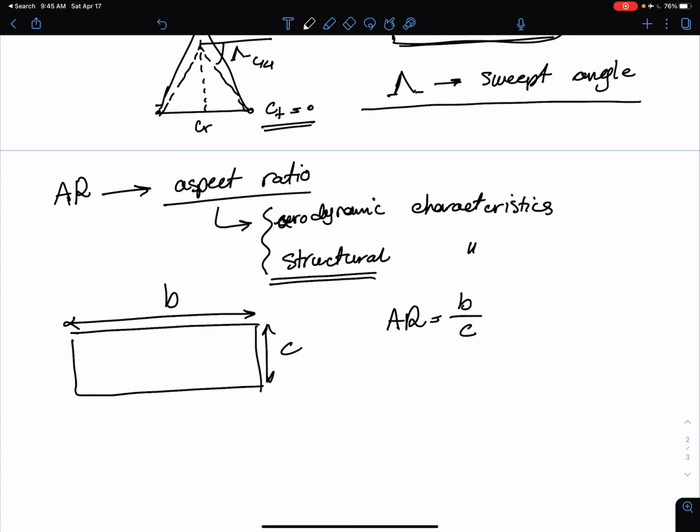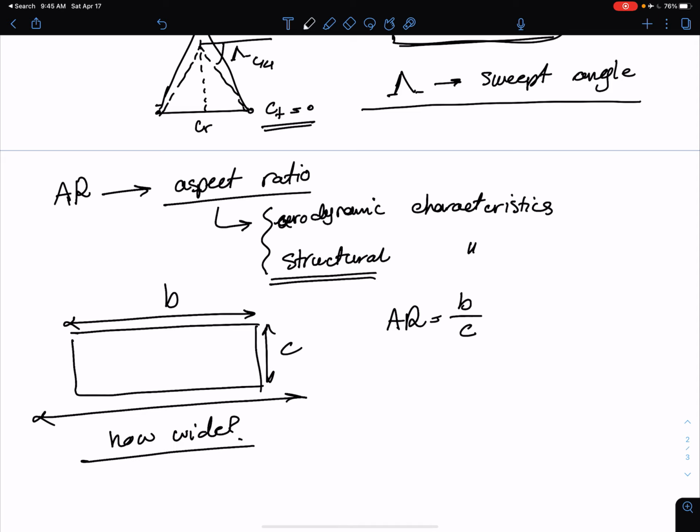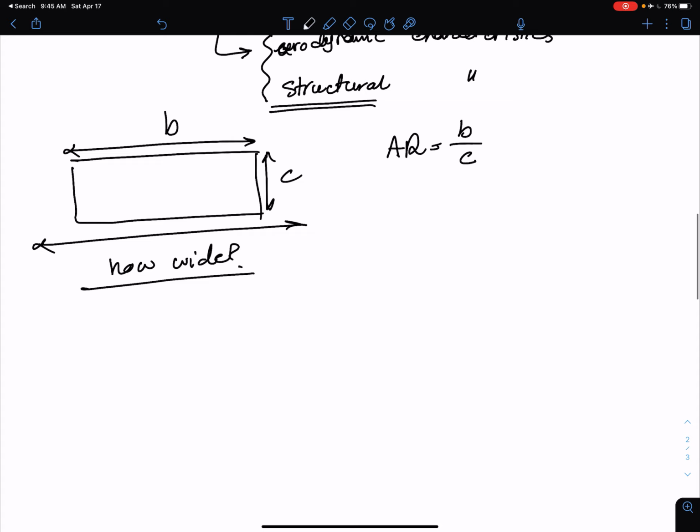So this is essentially a measure of how wide your wing is. What will happen to this aspect ratio definition if your chord length is changing?